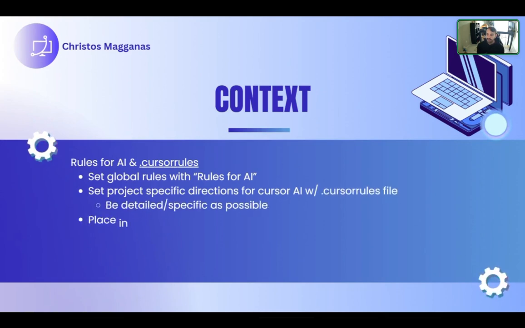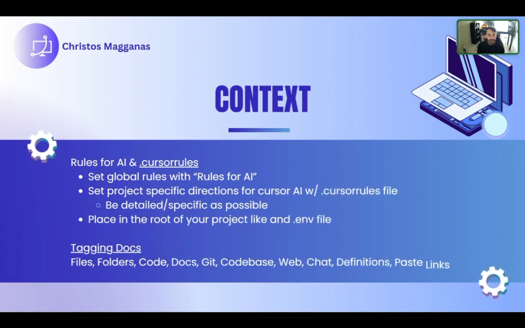Going back to when I mentioned context, Cursor uses your code base, and it's very important when you are prompt engineering, when you are using these LLMs, to give it not as much context as possible, but the right amount of context, the most relevant amount of context. When we're doing RAG applications, we know that we need to retrieve the most similar. In this case, we need to retrieve the right pieces of code.